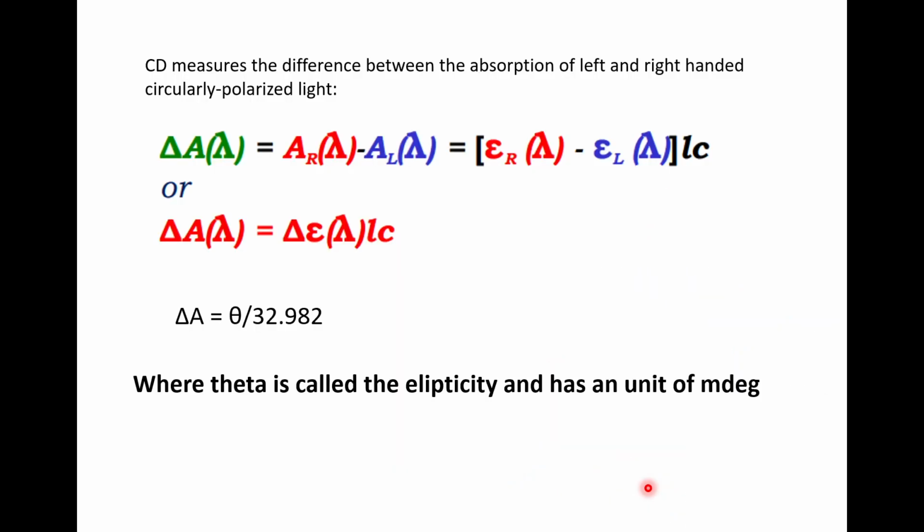Okay, so CD, circular dichroism spectroscopy, measures the difference between the absorption of left and right-handed circularly polarized light. That is the difference in the absorptions at a particular wavelength, given by the absorbance of the right-handed circularly polarized light minus the absorbance of the left-handed polarized light at a particular wavelength.